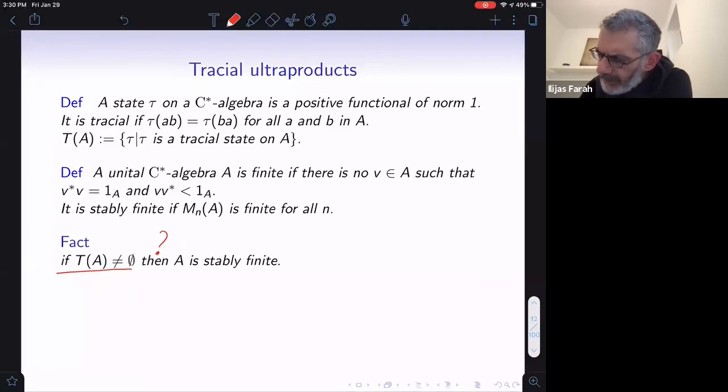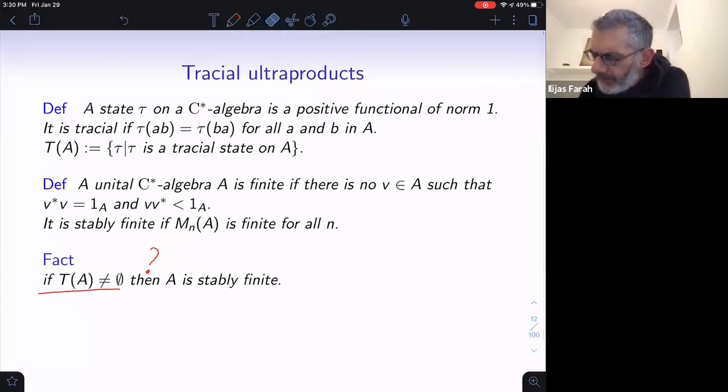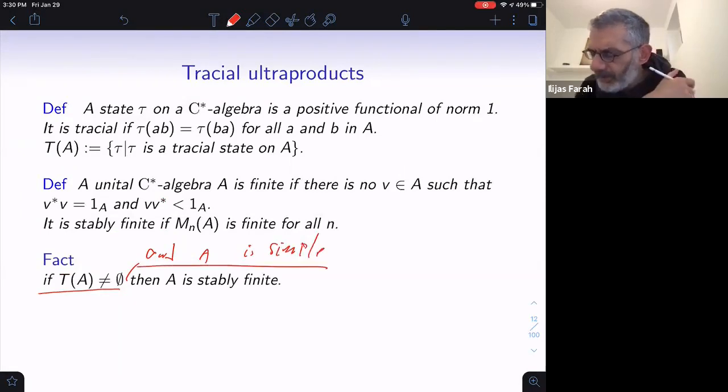Okay, so I'll just make a patch here. If this and A is simple, there is definitely a non-simple counterexample. Right. Okay. Yes. Exactly. So this is what I should have written.